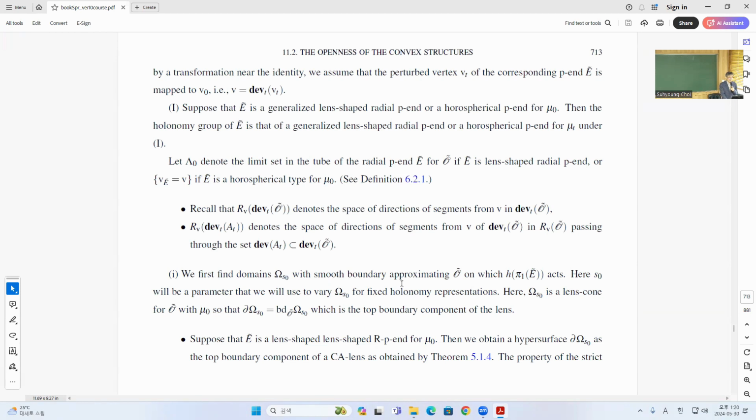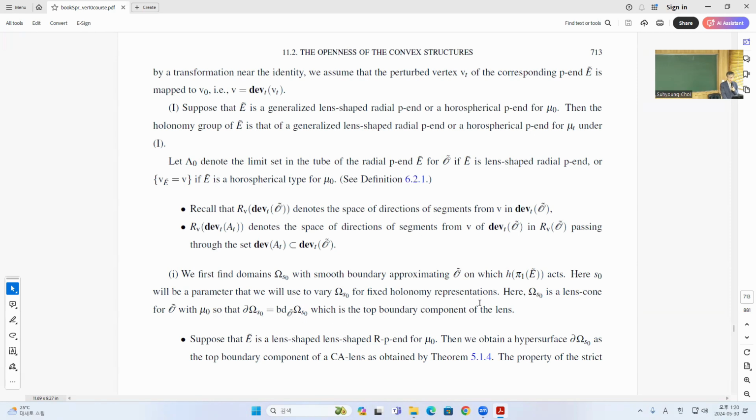So we find some domain omega S0 approximating O tilde, where S0 will be a parameter. So we vary this for a fixed holonomy representation. So delta X0 is the lens cone for mu0, so the boundary of this is the boundary of this.